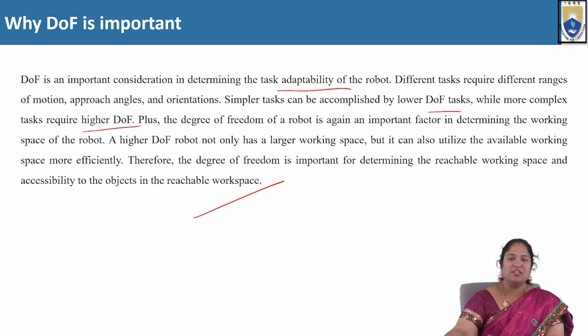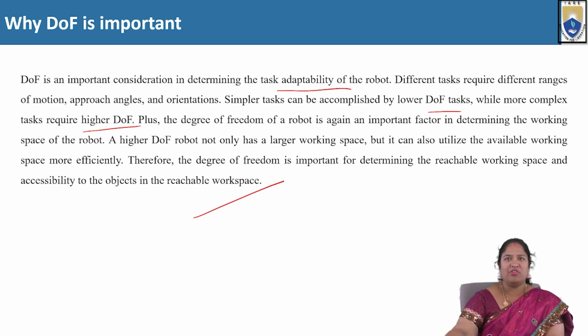So there, a lower degree of freedom is sufficient. But when we have a complex product to be material handled, there we require a higher degree of freedom, where the number of motion axes will be more. So for complex tasks we will have a higher degree of freedom, right?